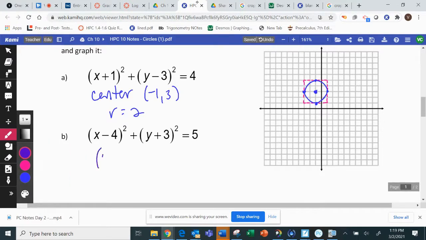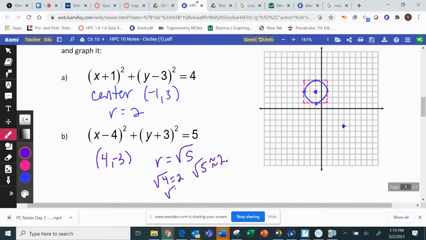Okay, so the second one, for -3 is the center. The radius is √5. So to graph √5, you could take that and find the decimal, or you could even just think about it. √4 is 2, so √5 is 2 point something.